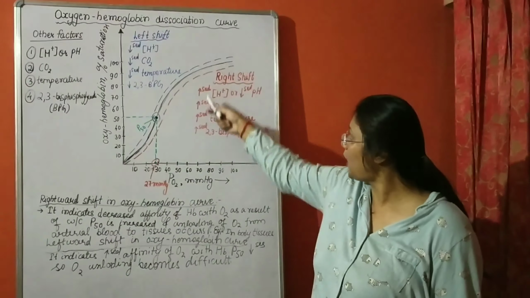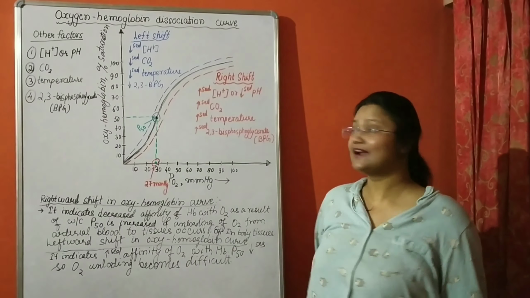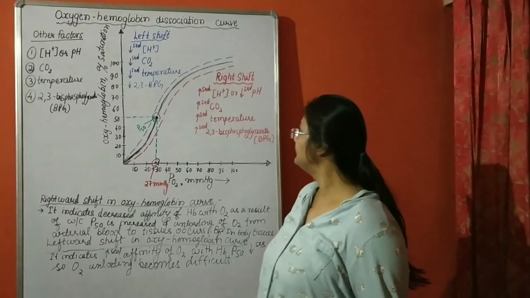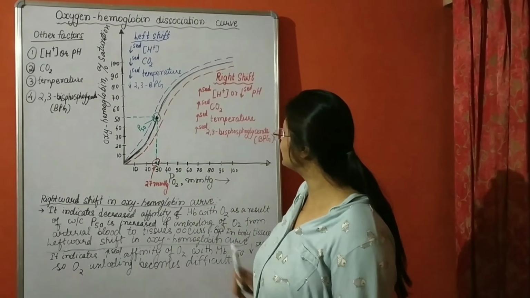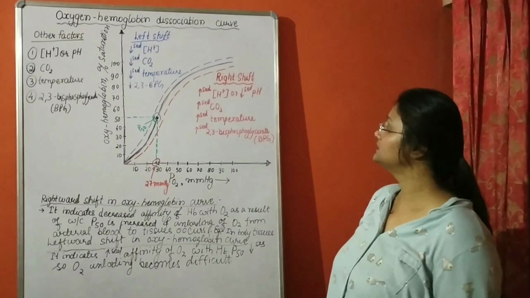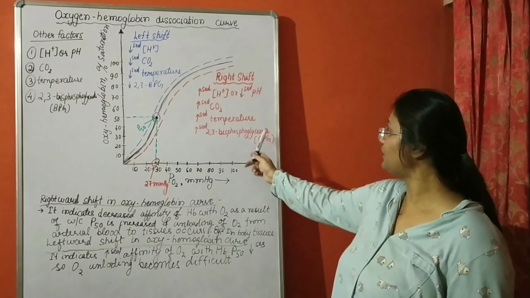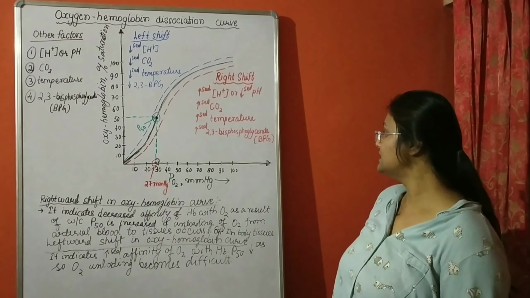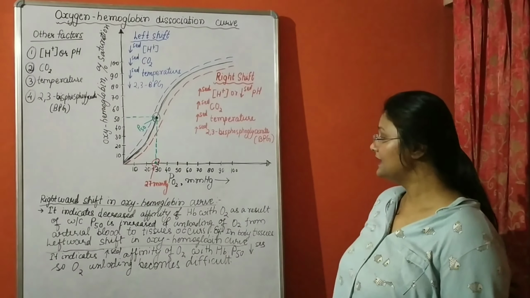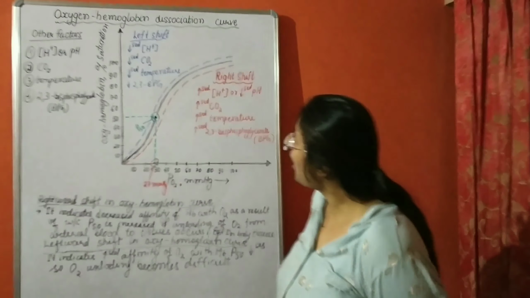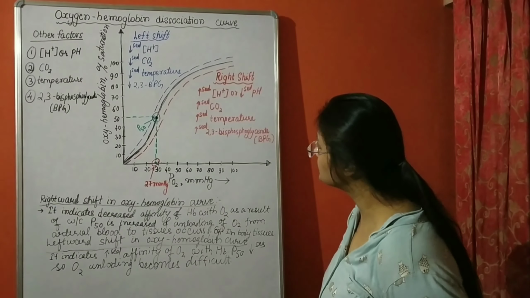We will discuss all these factors and how they affect oxyhemoglobin curve in very much detail. Right now we are just discussing it superficially. Increased temperature also affects binding of oxygen with hemoglobin, and increased 2,3-bisphosphoglycerate, that means 2,3-BPG. These are the factors which cause rightward shift in the oxyhemoglobin dissociation curve.